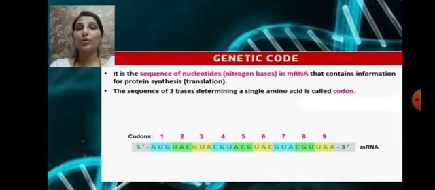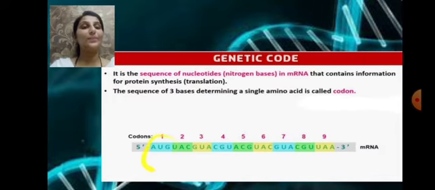We know there are four nitrogen bases present in mRNA. The information to make one amino acid lies in the sequence of three bases. And this sequence of three bases which determines a single amino acid is called a codon. We can see codons over here.